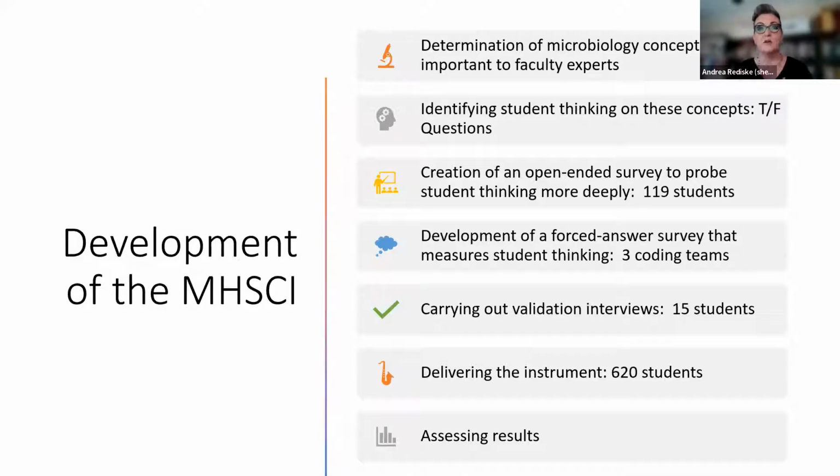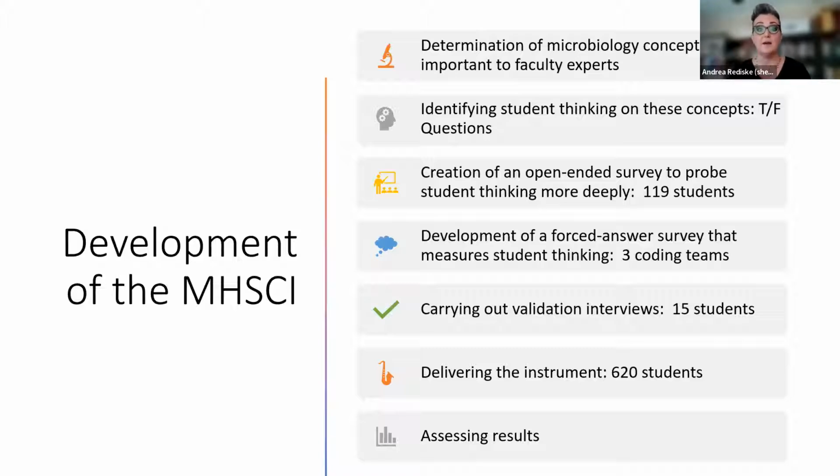After we got all of those results, we did a massive qualitative analysis of student responses. Again, this was an iterative process, and we developed an open-ended survey to get more depth on student thinking.